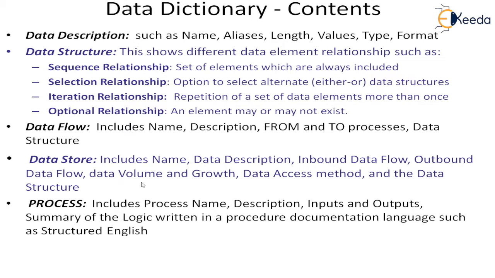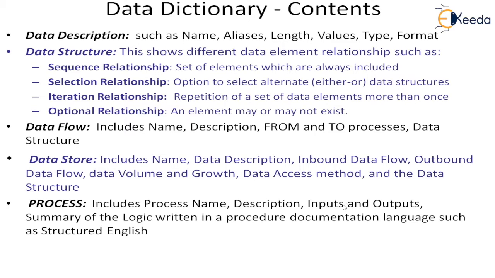Then the volume and growth. That means how much volume it will be and at what rate it will grow. Then what is the access method for that data store and its structure. Then we have processes in the data dictionary, which includes process name, description, inputs and outputs of the data.